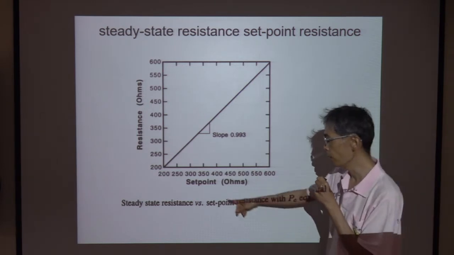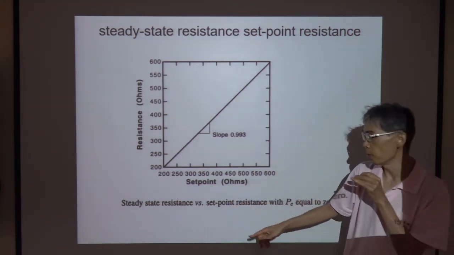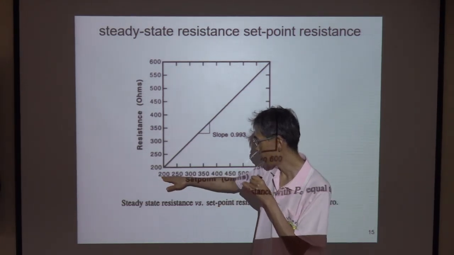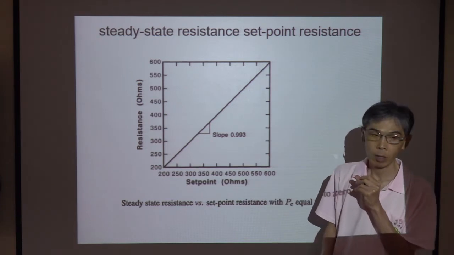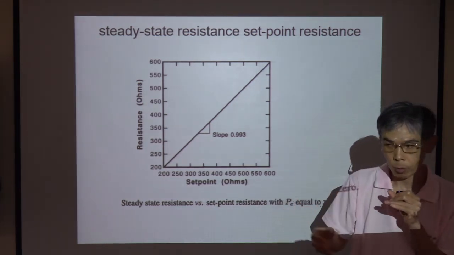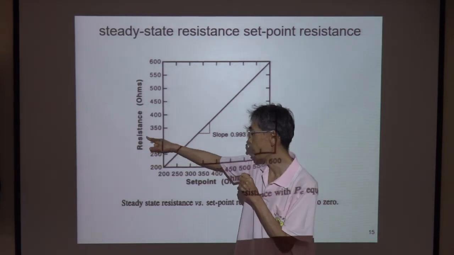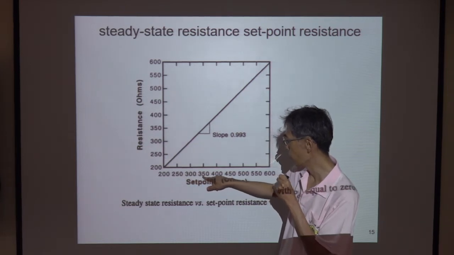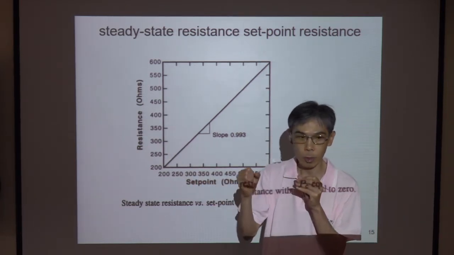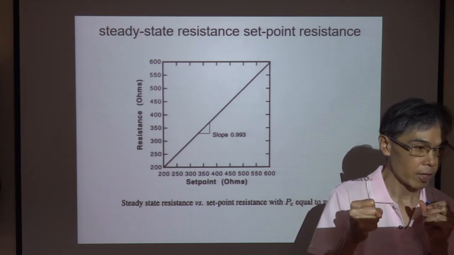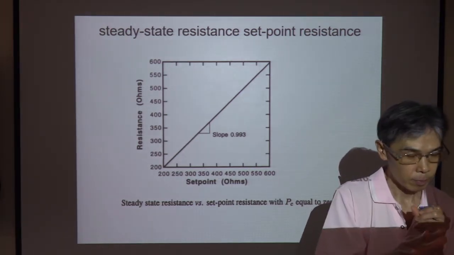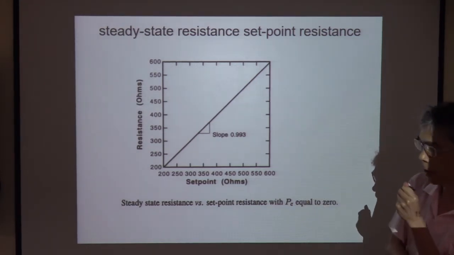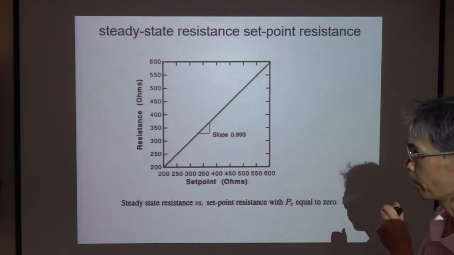We just want to see for our controller, if you set your point, say from 200 to 600, how good the controller will give you the resistance value. If you set the resistance 200, 250, or 350, then what's the real resistance you get from your system? So PC 0. Please go back to the MATLAB file.